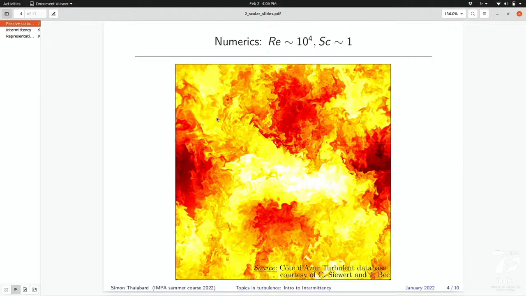So maybe we can hope to describe it in a simpler fashion. The question is basically, how does this random organization relate to the organization of the velocity field? And of course, is there some kind of self-similarity in this picture?